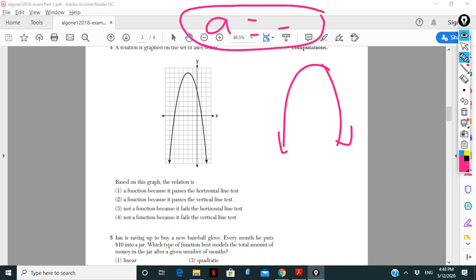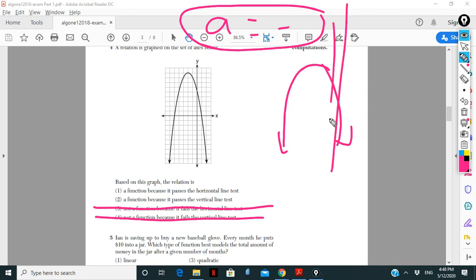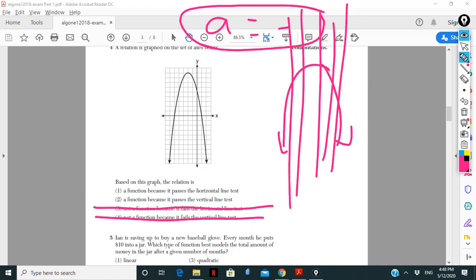All quadratic equations are functions, so I'm crossing out 3 and 4. Why is it a function? Because with the vertical line test, the line goes through only one point, so the x has only one value for y, so it's a function. So I said because of the vertical line test. So the answer is 2.